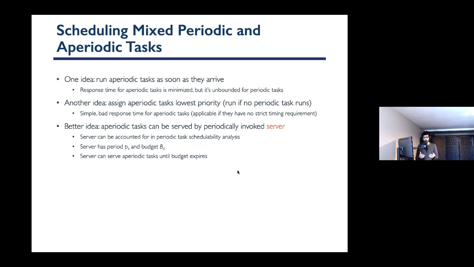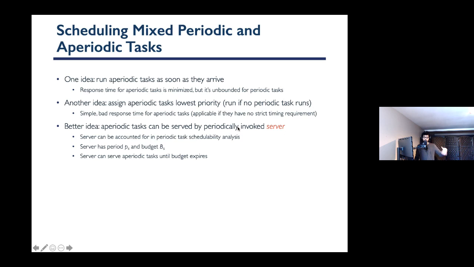There are different ways of doing this transformation, but just transfer your aperiodic tasks to periodic tasks, and then your scheduler knows how to deal with them itself. So that's the idea. The theme of this is called periodic servers.